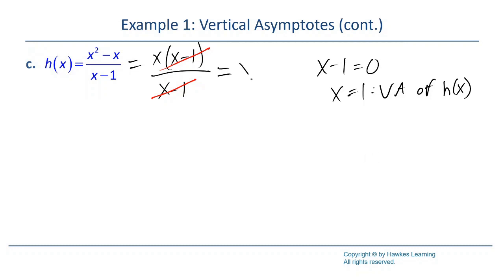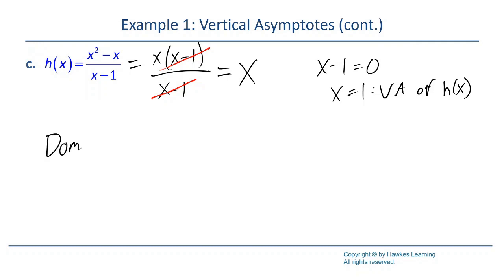So this only leaves us with the function x. And if you look at that, you just go, well, it's just h of x equals x, so I don't have anything to exclude from the domain. You always look at the original, not the reduced, for your domain.